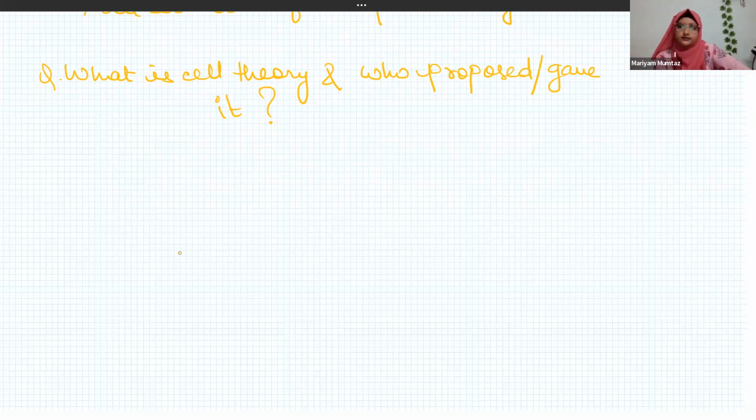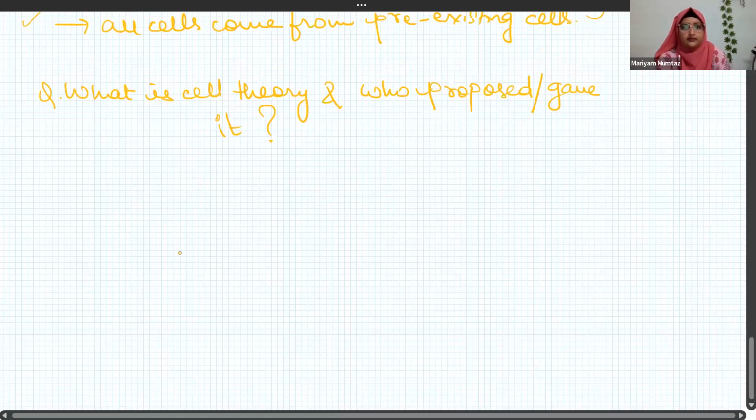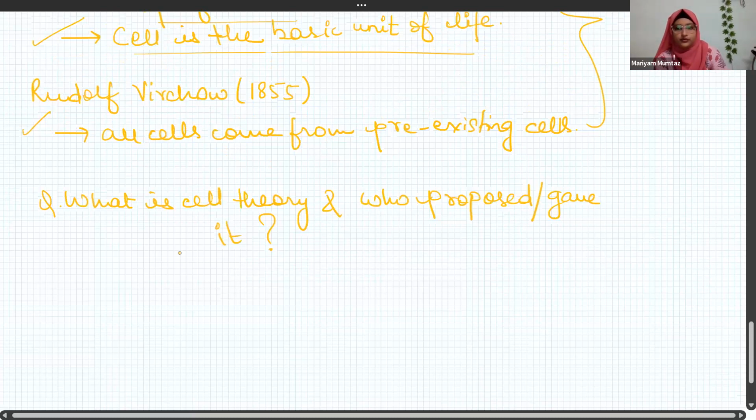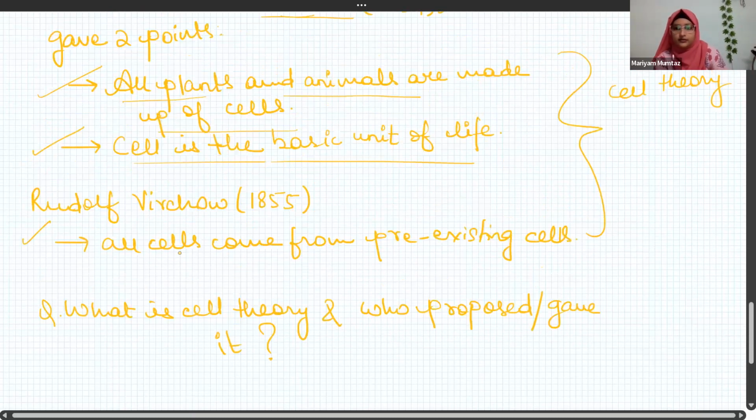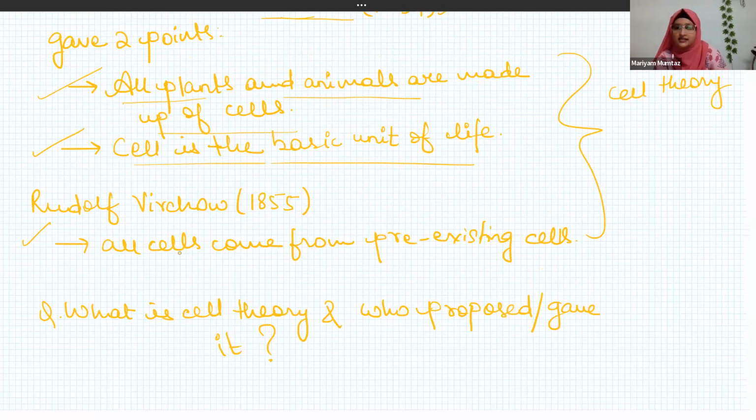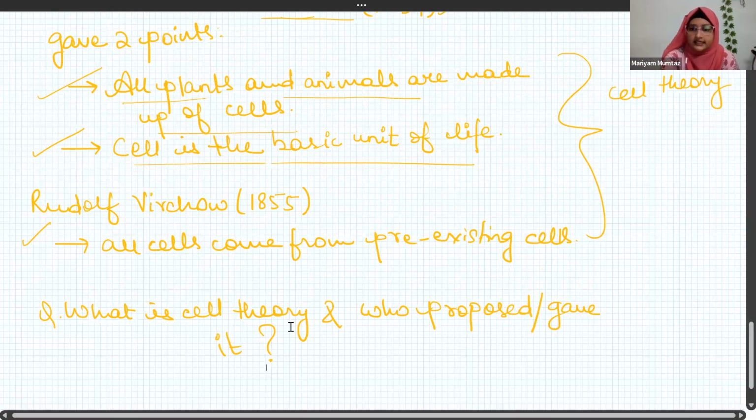Cells are the basic unit of life, and all cells come from pre-existing cells. It was proposed by Schleiden, Schwann, and Rudolf Virchow. Now you also must mention the years in the bracket. Okay. Is it clear now completely?